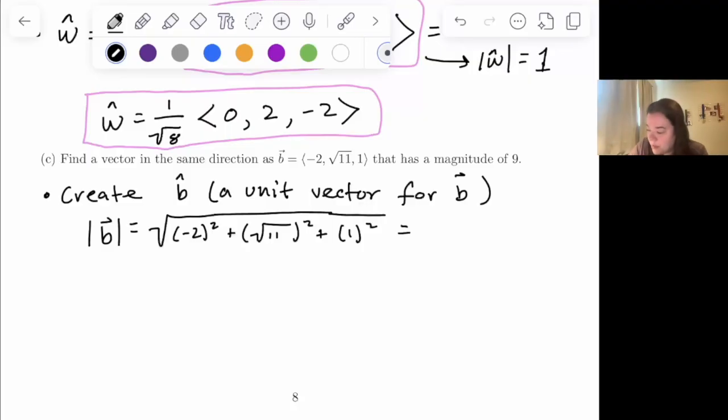Clean that up. This gives me the square root of 4 plus 11 plus 1. That ends up being the square root of 16, which is just 4.